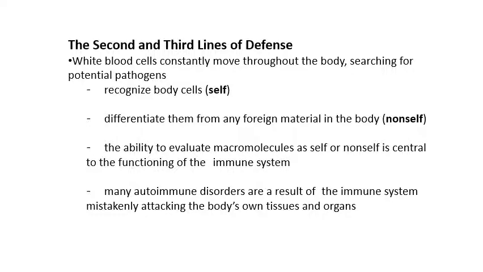All right. Key to this whole second line of defense working, especially the phagocytosis part, is this recognition of self versus other. You have to be able to distinguish between your own body cells, things that are supposed to be in your body, and foreign cells or viruses or any kind of foreign material. So we need to distinguish between self and non-self.